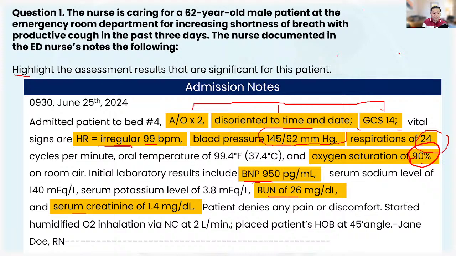In the case of CHF, what's going to happen is that the cardiac output will be decreased, okay? When that happens, the blood pressure will also be decreased. And remember that the kidneys are supposed to receive about 20% of the total cardiac output.